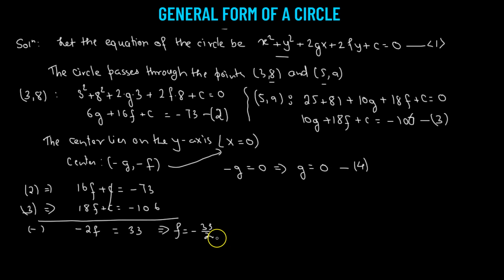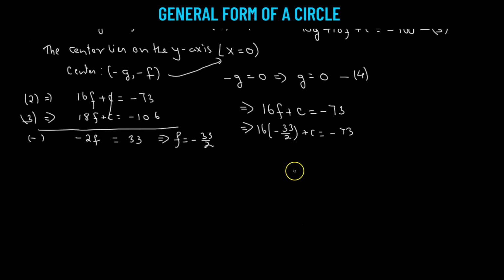Now that you have the value of f, let's find out the value of c. We can use either equation. So let's use the simplified equation, 16f plus c equals negative 73. We've obtained the value of f, so f came out to be negative 33 over 2, so we have 16 times negative 33 over 2 plus c equals negative 73.